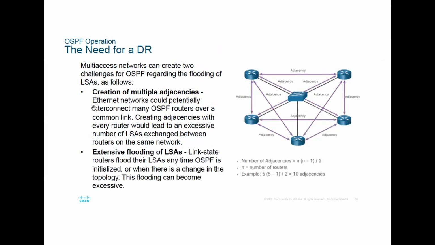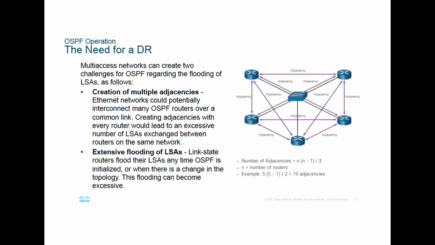The first challenge: an Ethernet network could potentially interconnect many OSPF routers over a common link, and creating adjacencies with every router would lead to an excessive number of LSA exchanges between routers on the same network.